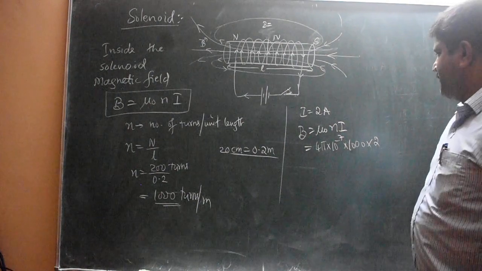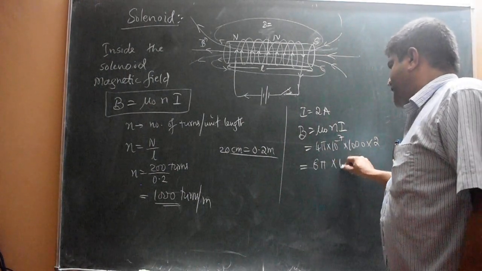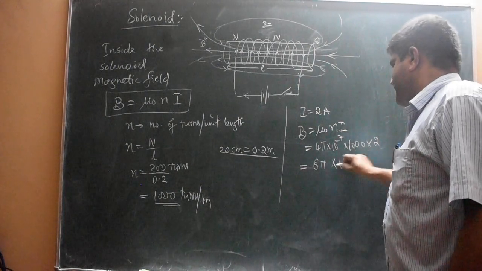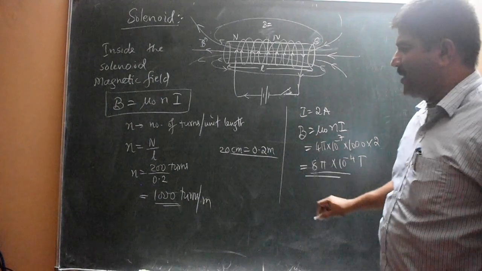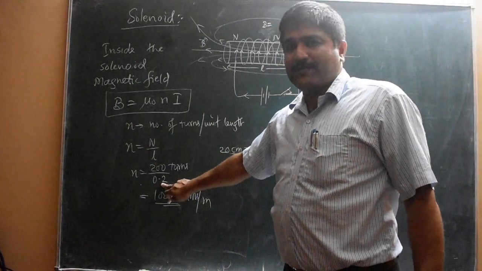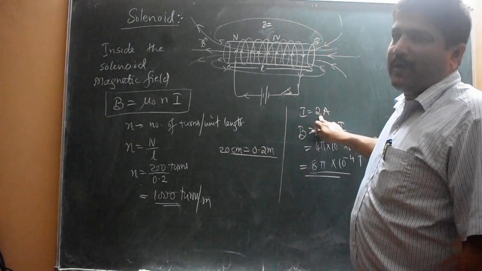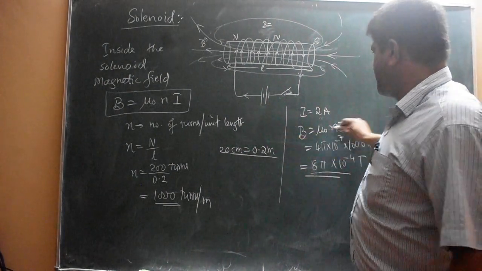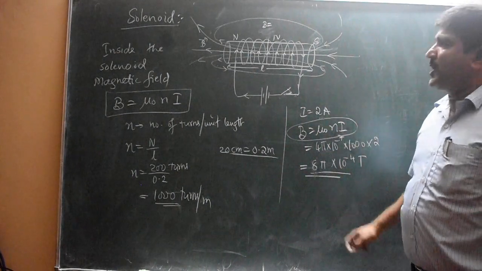Multiplying, this is 8 pi into 10 power minus 4 Tesla. So this is the magnetic field produced by a solenoid having length 20 centimeter, 200 turns, carrying a current of 2 ampere. This is the formula I use to find the magnetic field produced inside a solenoid.